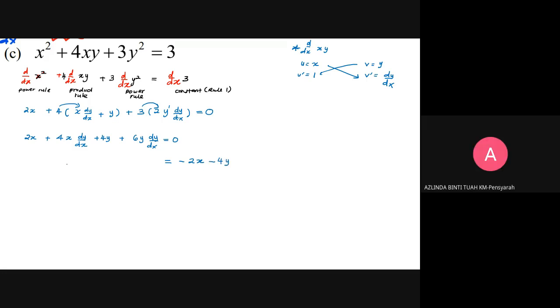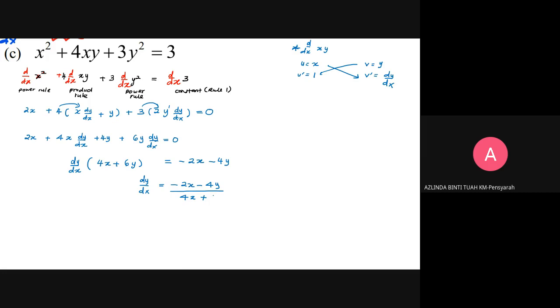Next. Left hand side ada apa? Factorize dy dx bracket 4x plus 6y. Okay. So dy per dx equal to negative 2x minus 4y over 4x plus 6y.